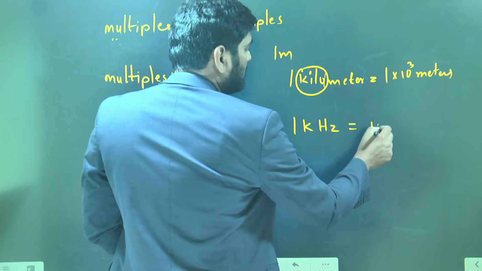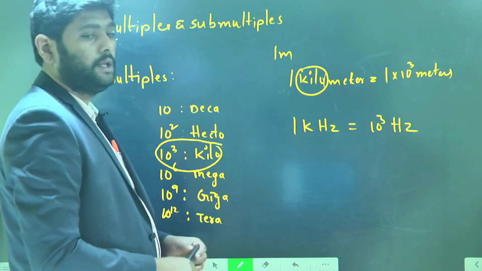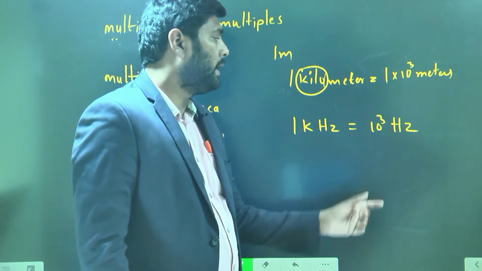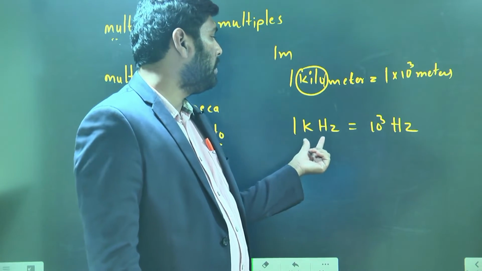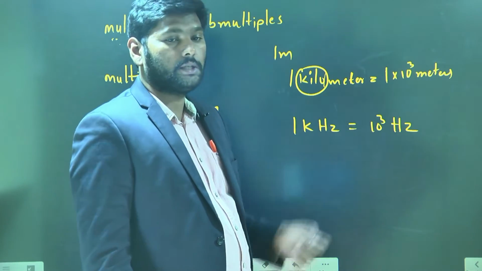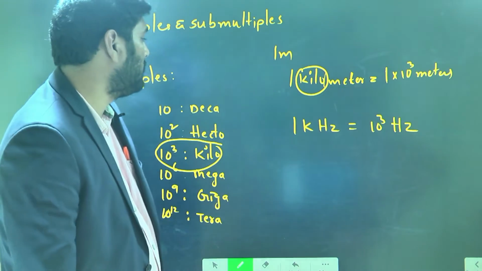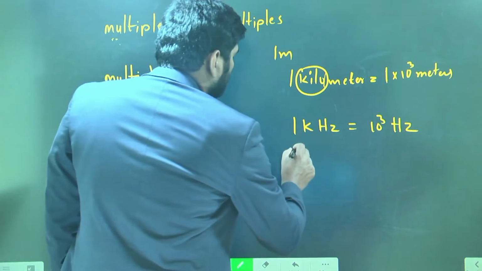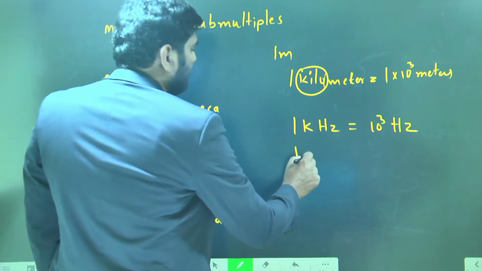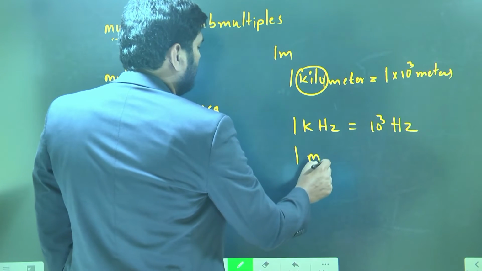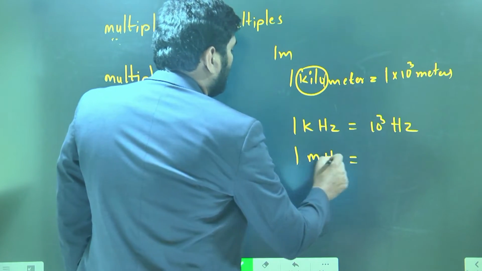Kilo means 10 power 3, so 1 kilohertz is equal to 10 power 3 hertz. This is the way we convert kilo to hertz, by multiplying by 10 power 3. So kilo is useful to express units. Even we can express the same way with megahertz, MHz.